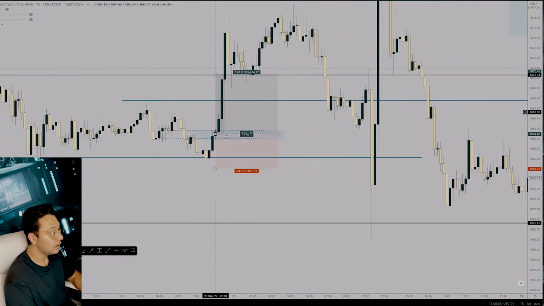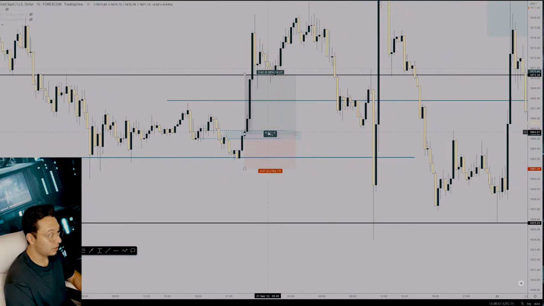All right, so let's just say you entered your max risk here. You put a 1 lot or a half lot, whatever it is, a half lot. So you're risking 30 pips, so $150, for potentially 60 pips, $300.